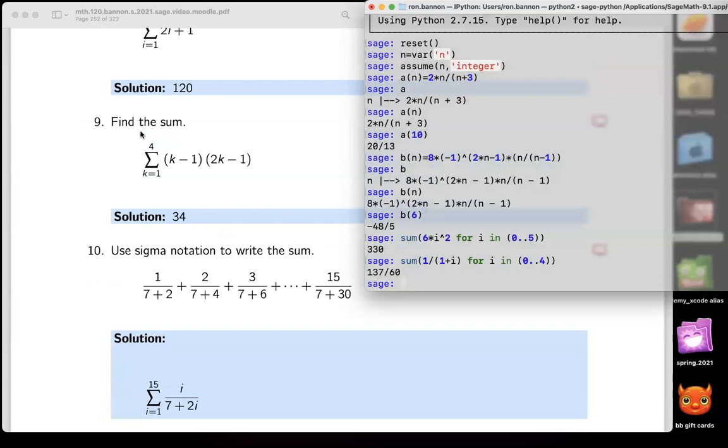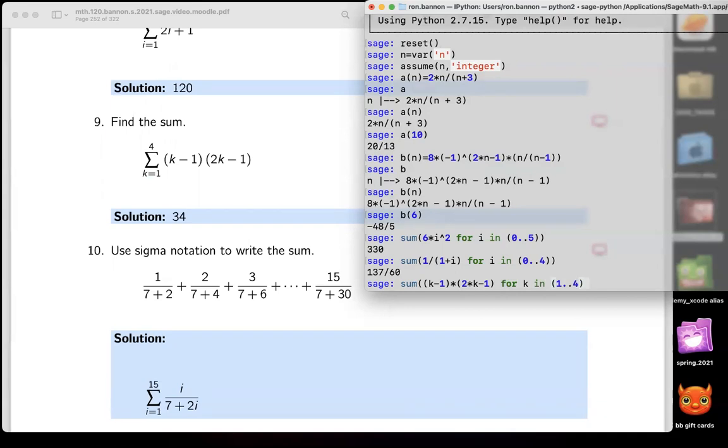I'm going to simply see if I can do it. Sum. Now I'm going to type it in: k minus 1 times 2 times k minus 1, for k in, starting at 1 and going to 4.